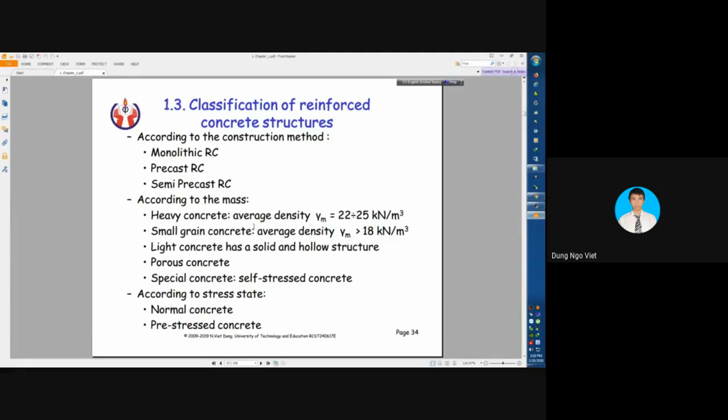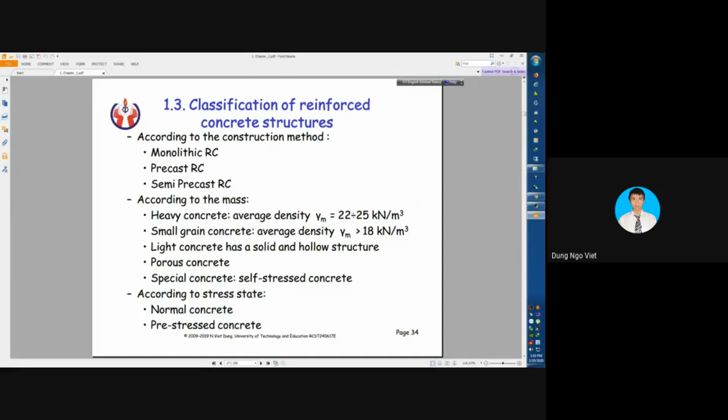about 22 to 25 kilonewton per cubic meter. And for small grain concrete, we have an average density of about 18 kilonewton per cubic meter.